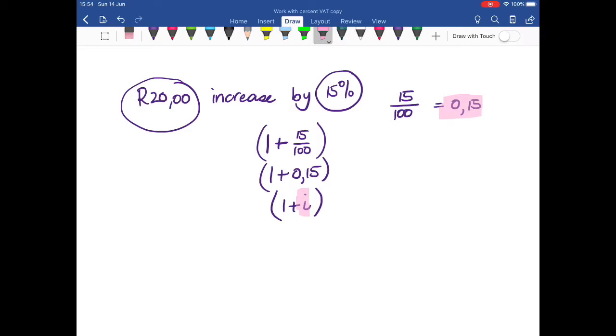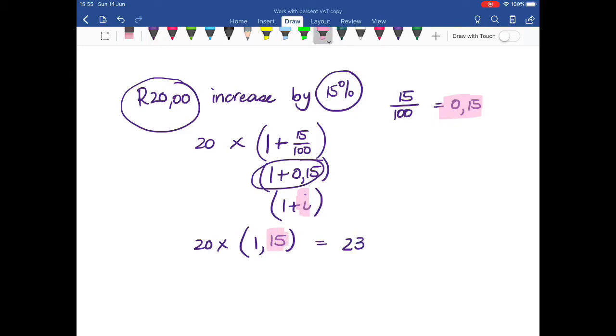So if we are taking 20 Rand and increasing it, we will take 20 multiplied by this value, and if I add this together, I'm going to get 20 multiplied by 1.15, and that will give me 23.